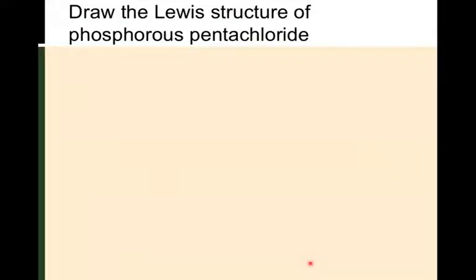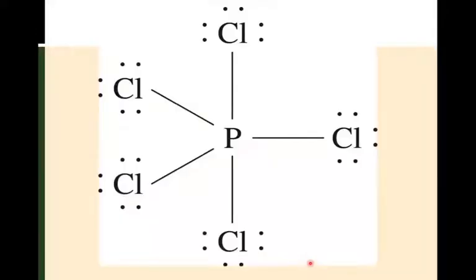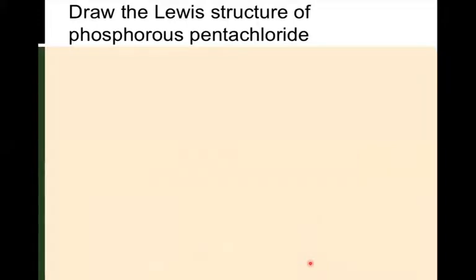So now we want to draw the Lewis structure of phosphorus pentachloride. Phosphorus is in group 5A, chlorine is in group 7A.